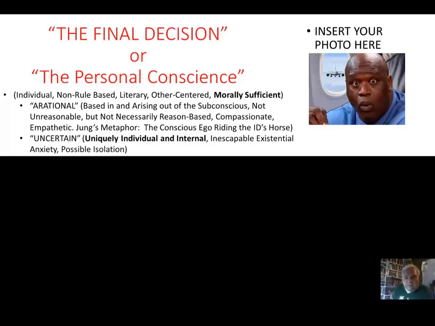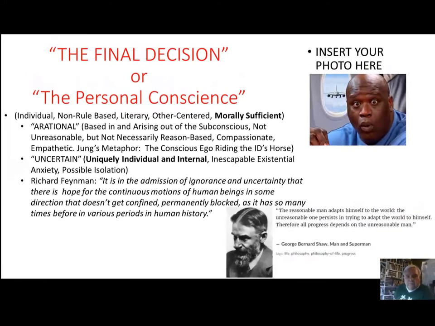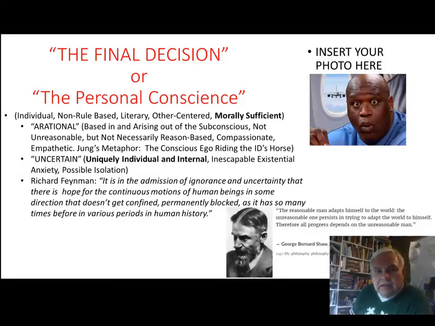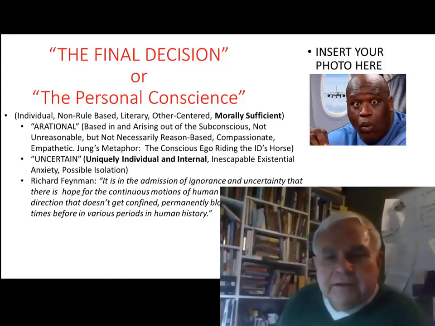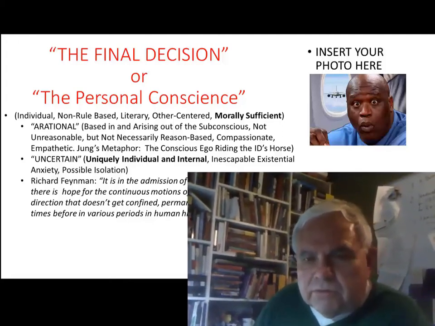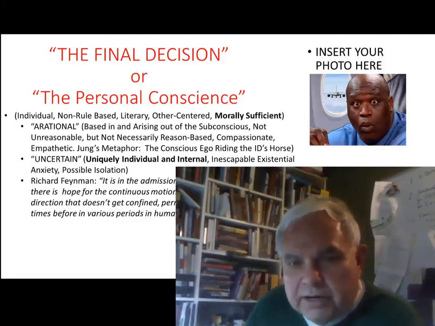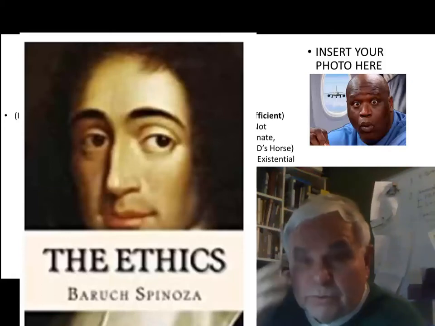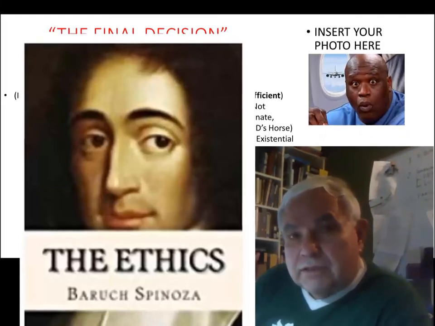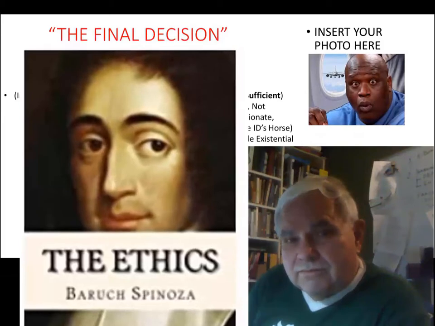So what do we do with this information? Well, we have to rationally look at it, but then it's our subconscious that makes the final decision. The final decision, neuroscientists tell us, comes from deep within our subconscious. We can call that our conscience. So we can look at the ethics, rational ethics, Spinoza, the right and the good as it evolved, but our final decision is ours and ours alone.